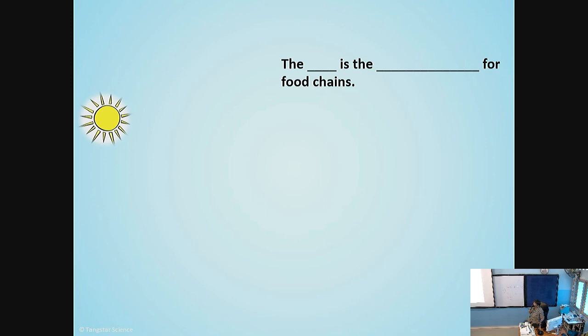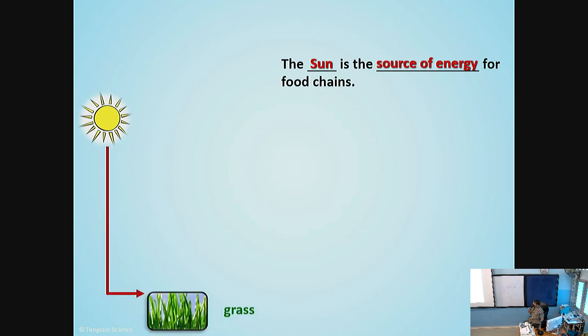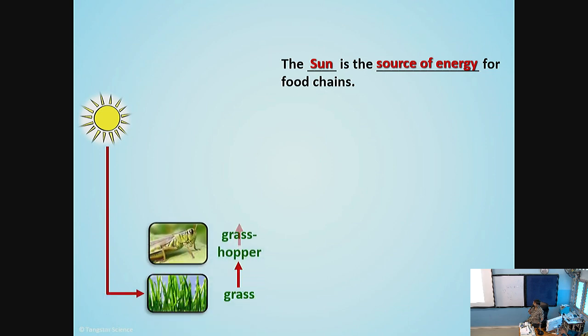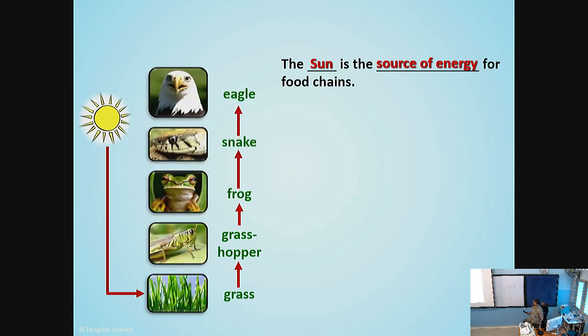Please remember that the sun is the source of energy for the food chain. In an example, we have grass, grasshopper, frog, snake, and eagle. How do you read this one?